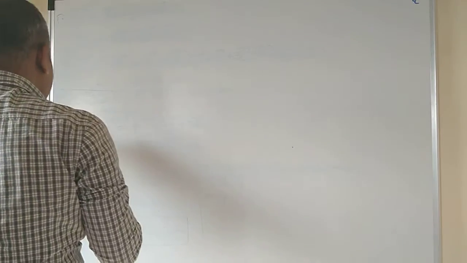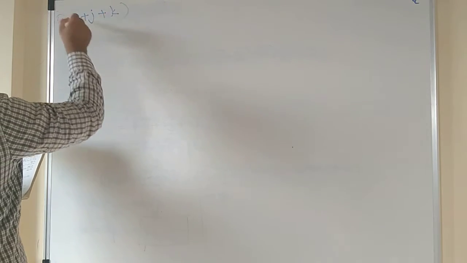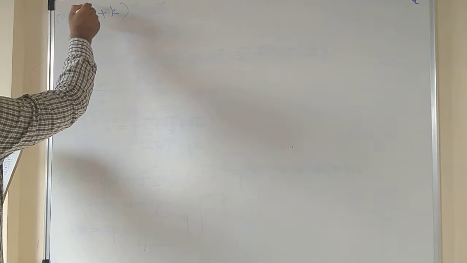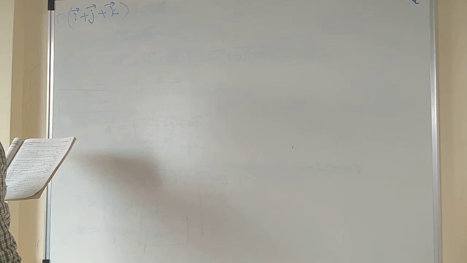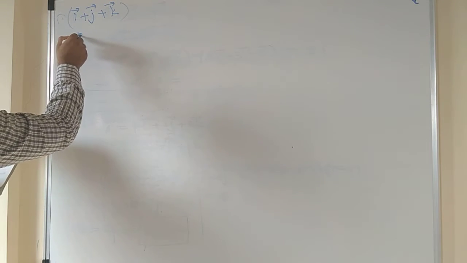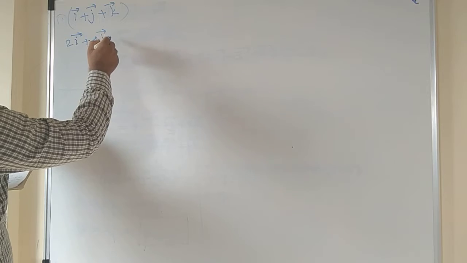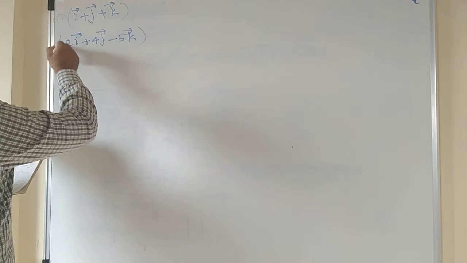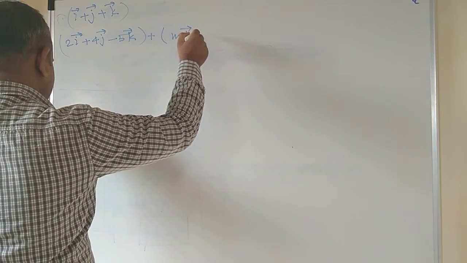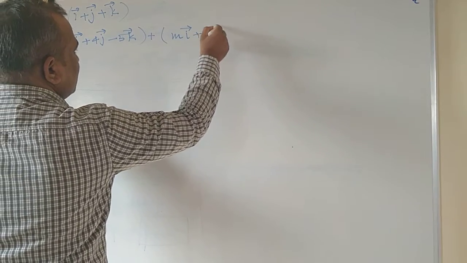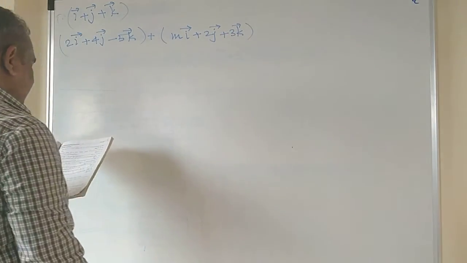Find the value of m such that the scalar product of i plus j plus k, this is one vector, with the unit vector parallel to the sum of m i bar plus 4j bar minus 5k bar and i bar plus 2j bar plus 3k bar is equal to unity.